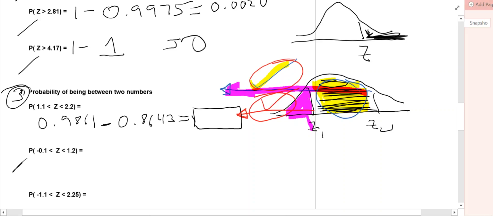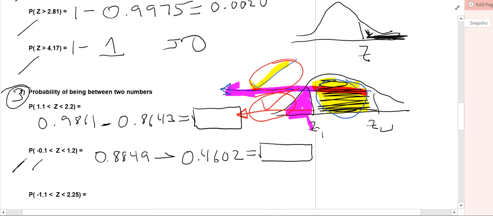Again, here's the scenario where I want to be between two numbers. When I look up 1.2, I will find out that it is 8849. When I look up minus 0.1, I see that it's going to be 0.4602, and then I'm going to do the math to calculate the difference.